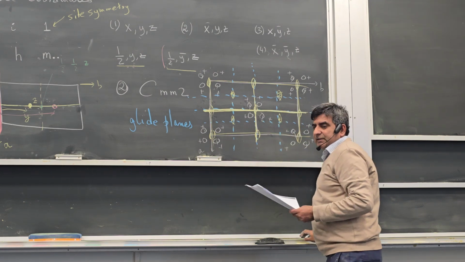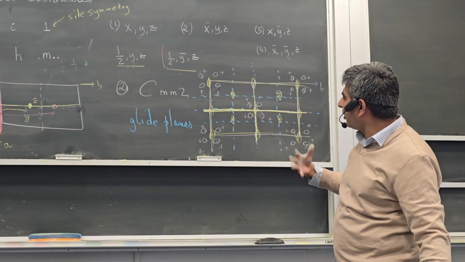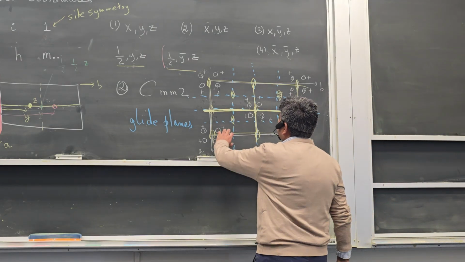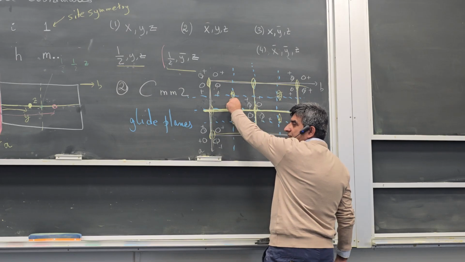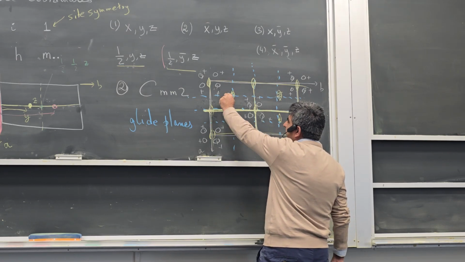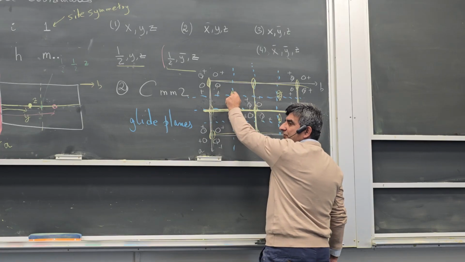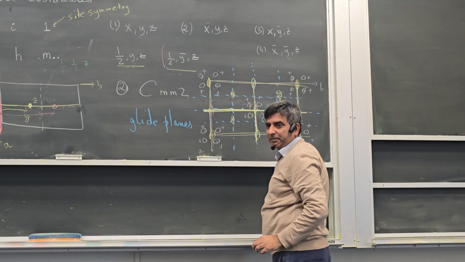Okay. And these are non-essential glide planes, which means they just pop out of this additional symmetry operation, the two-fold axis of rotation. These glide planes are a consequence of this two-fold axis of rotation. So that's why these glide planes are called non-essential glide planes.